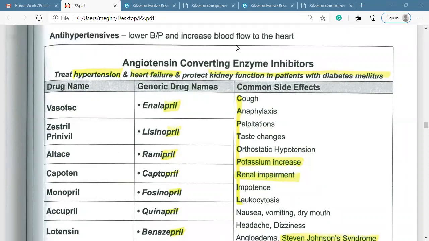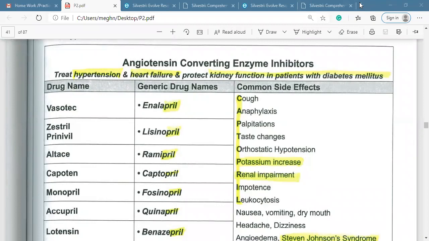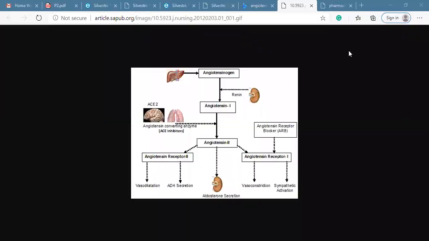So let me see. A student wrote something. She wrote, how to explain lower blood pressure and increase the blood flow. Very good question. Let me explain it first. The medication we are talking about right now is angiotensin converting enzyme inhibitor.